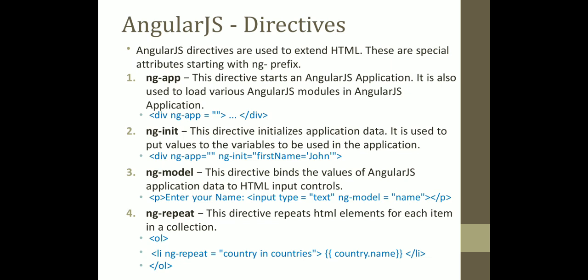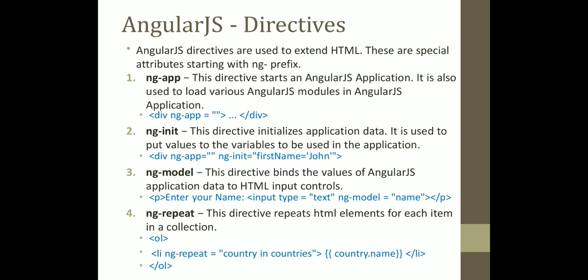So it will bind the values of the AngularJS application data to the HTML input controls. Here you already stated the type as text, but you need to bind those values of the AngularJS application to HTML.